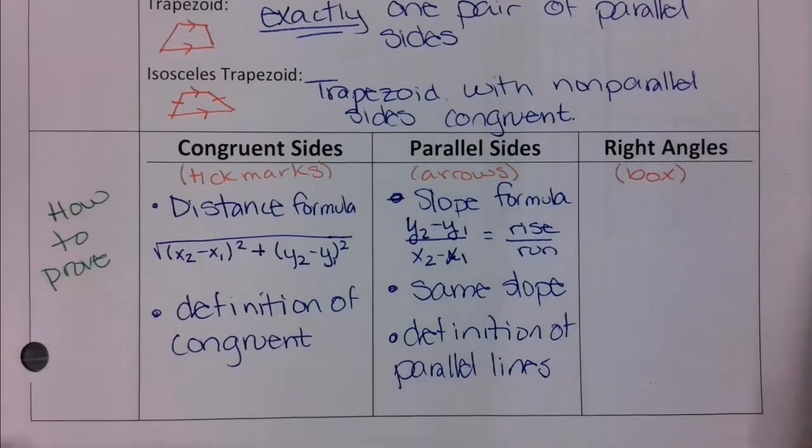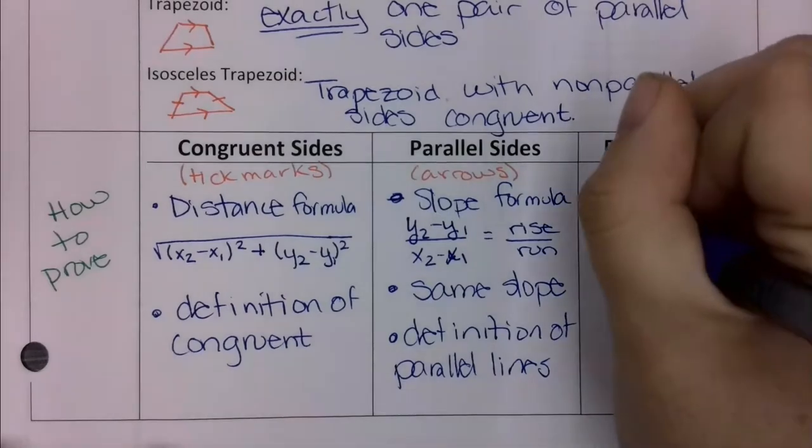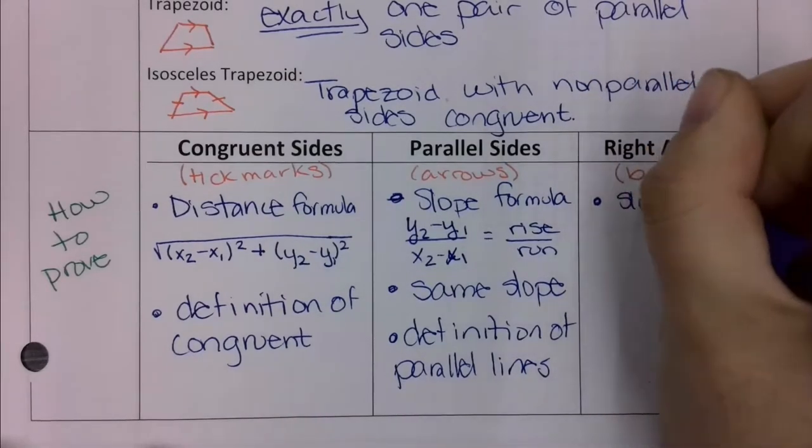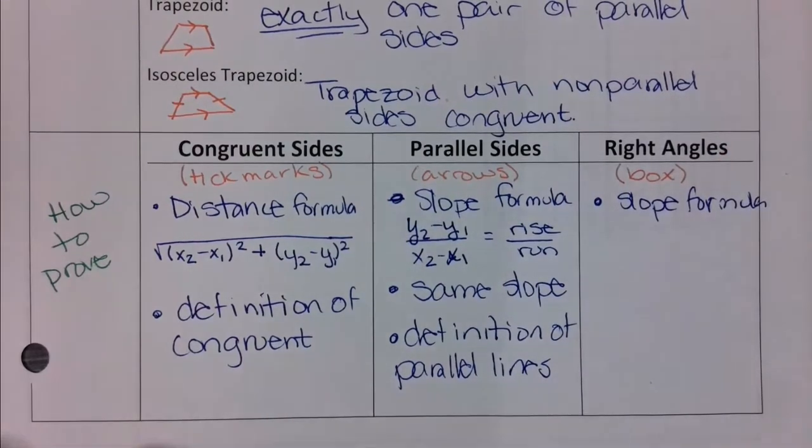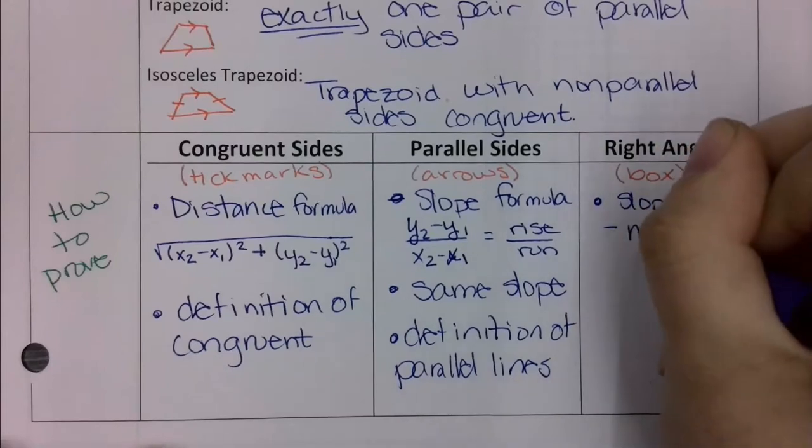Okay? So I can prove things are right angles with the slope formula again. This time I want to have negative reciprocals.